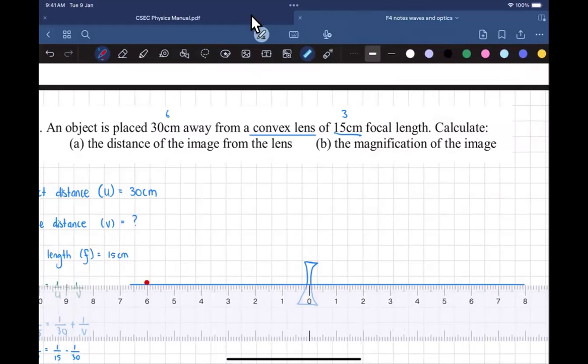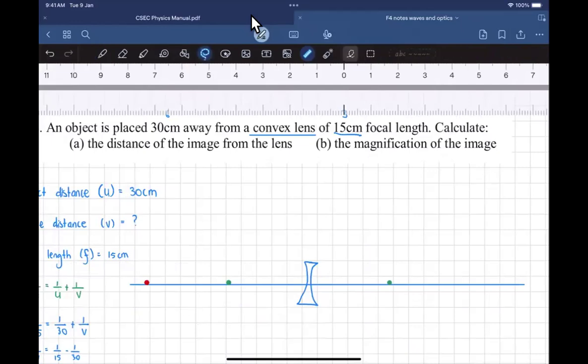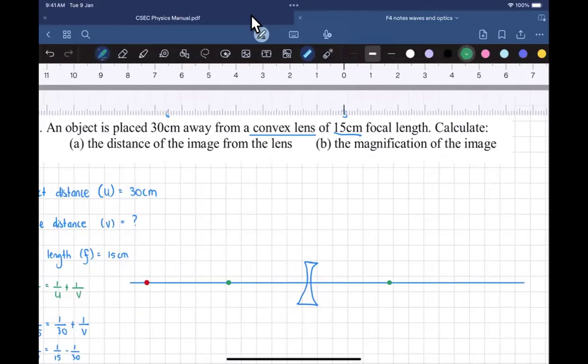Where is my focal point? It could be 3 centimeters away, right? And that would mean my focal length on the other side of the lens is also 3. So let me remind you how these rules work. Let me just draw my object. That red dot, that's my object.